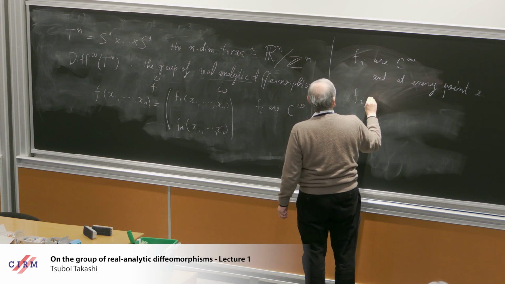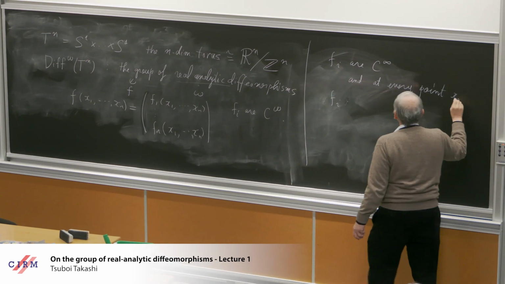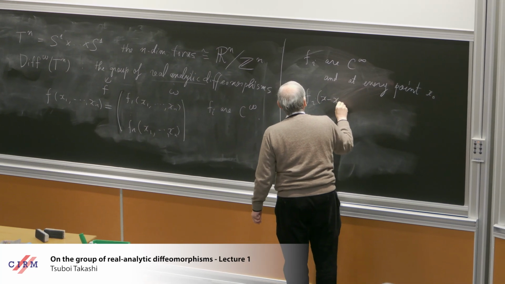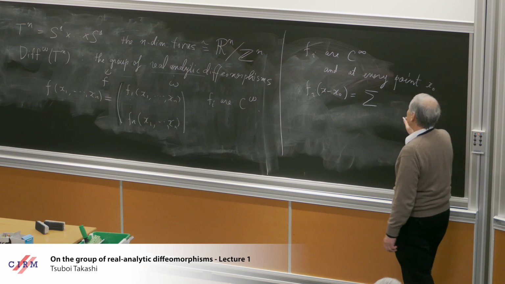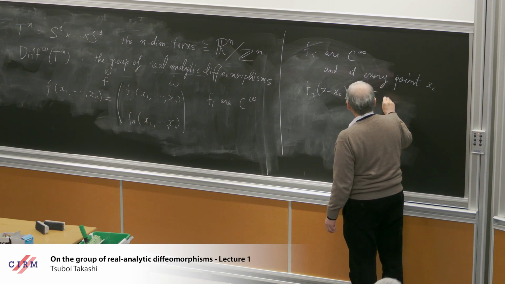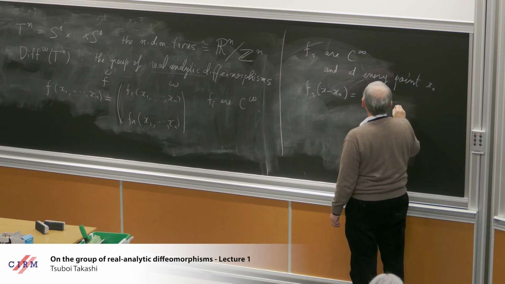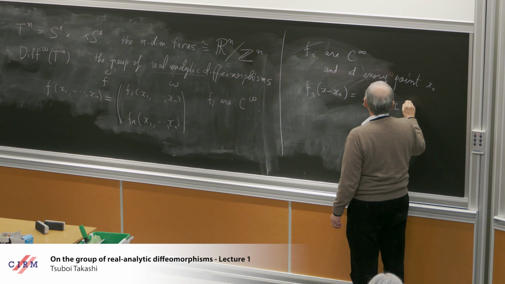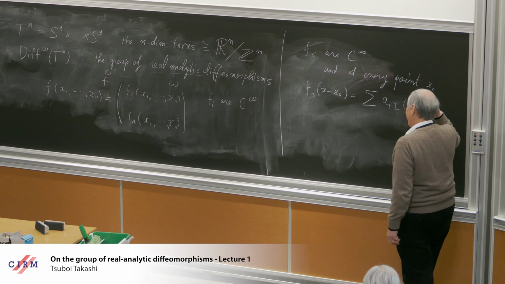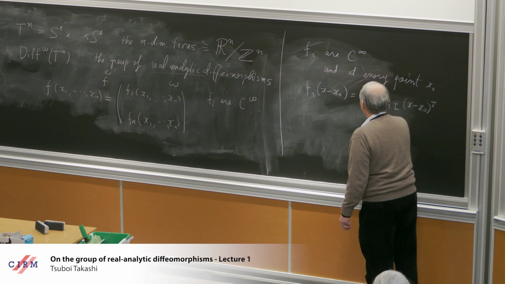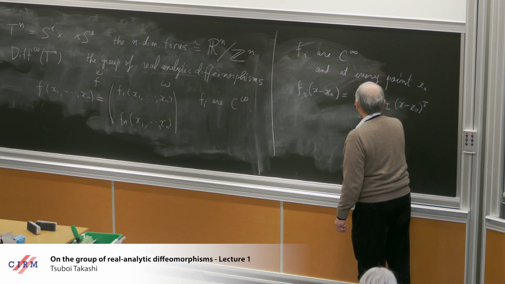Fi of x is the sum over I of a_I times (x minus x0)^I, and I should range over 0 to the n.